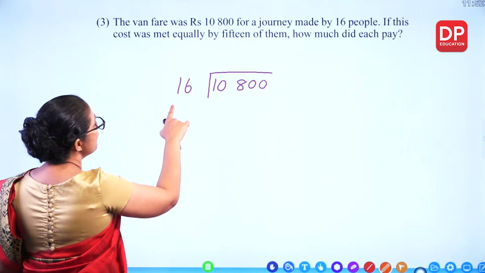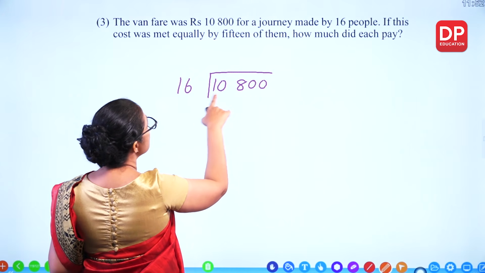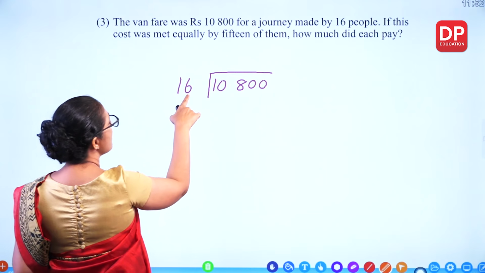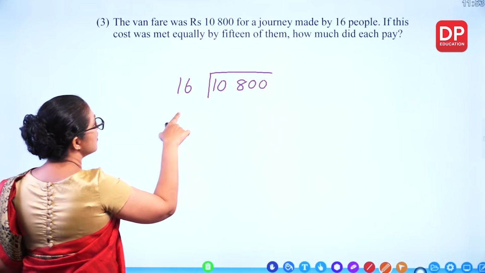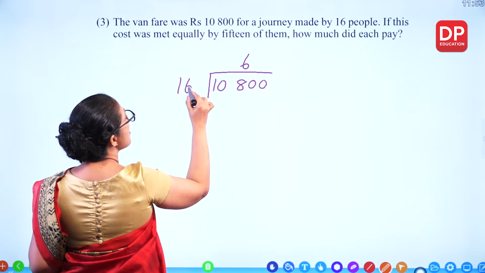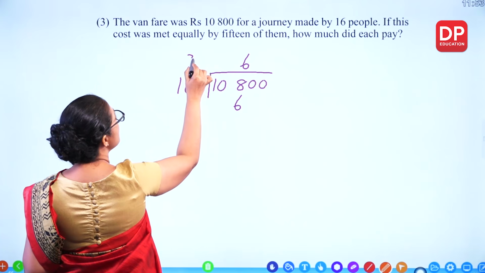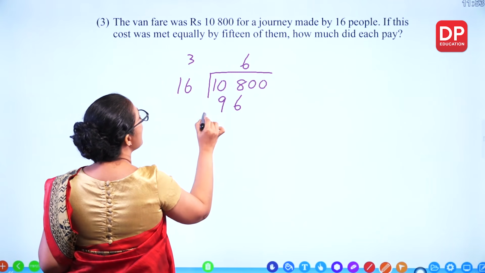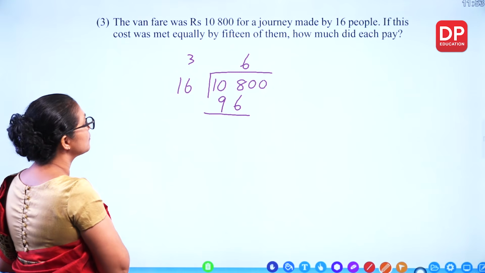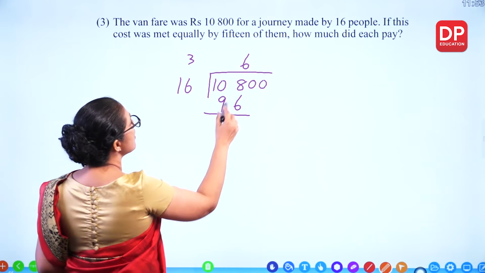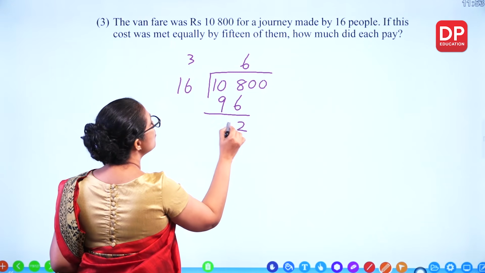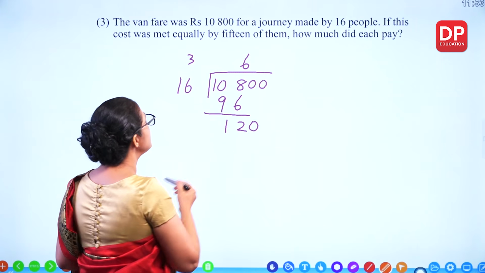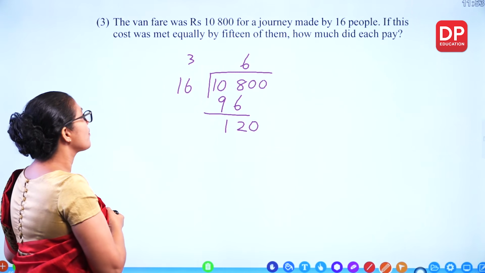If this is 5 times 16, we'll check. 80. So 7. So this is 6. 6 times 6, 36. 3 remaining. 6 times 1, 6 plus 3, 9. Subtract, you get 2 and 1. So 12. For 120, how many 16s?